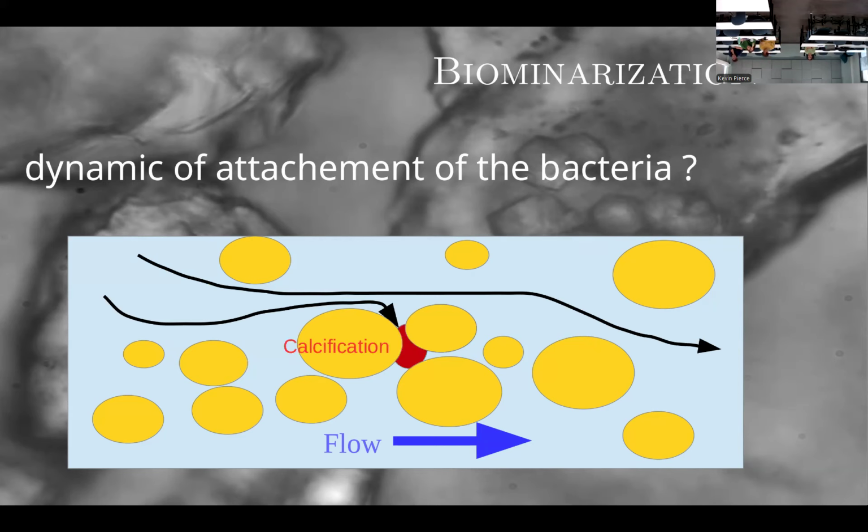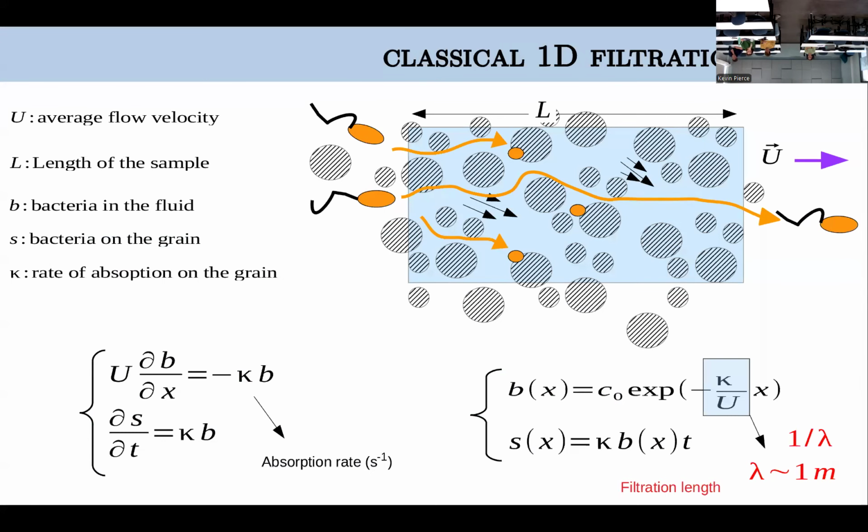To do that, I will just briefly say a few words about filtration. The basic idea is you have a certain quantity of bacteria, B, and you want to know how much bacteria will be on the grain.